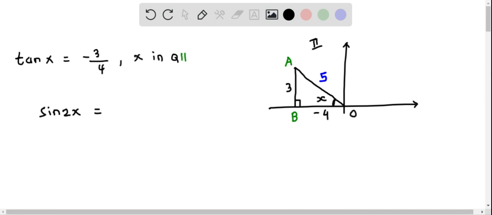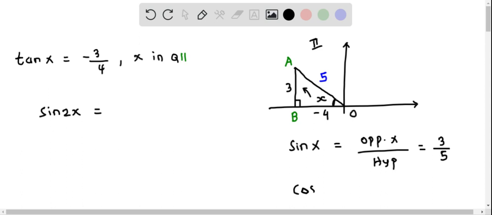Now we have determined the hypotenuse, which is 5. I'm going to find two trigonometric ratios. Sine of x equals, according to SOH CAH TOA, opposite to x over hypotenuse, and opposite to x is 3, hypotenuse is 5, so this is 3/5.